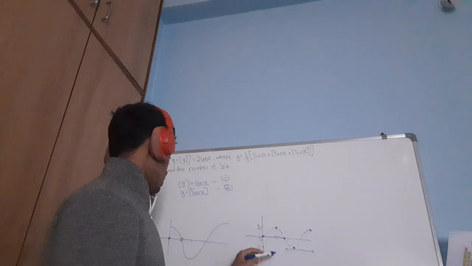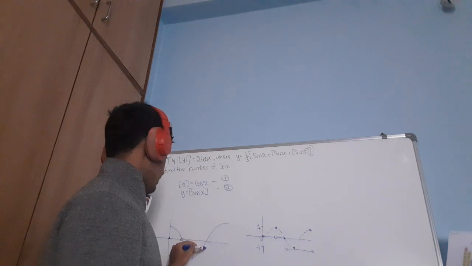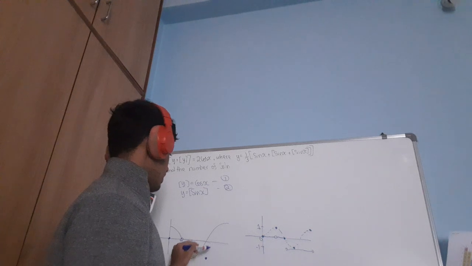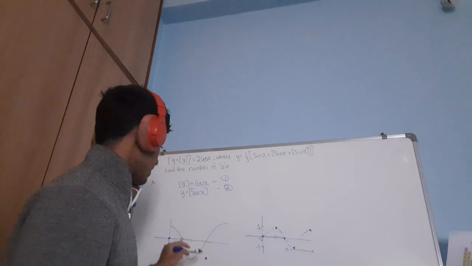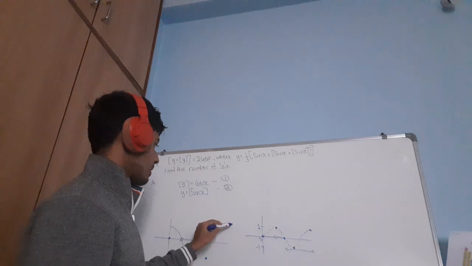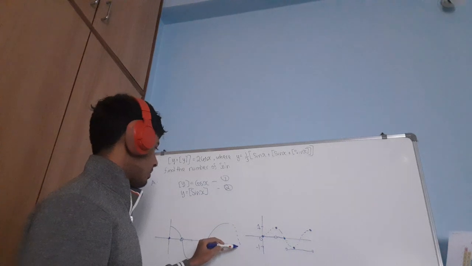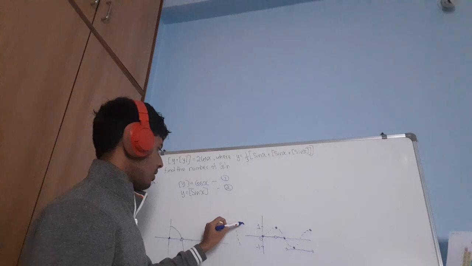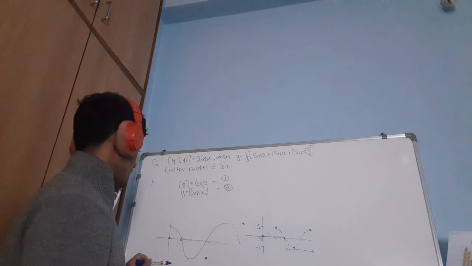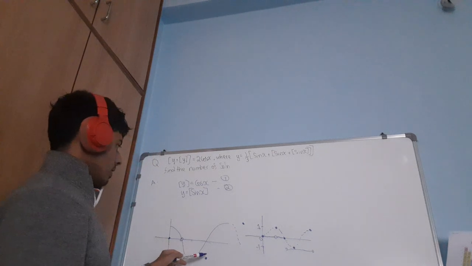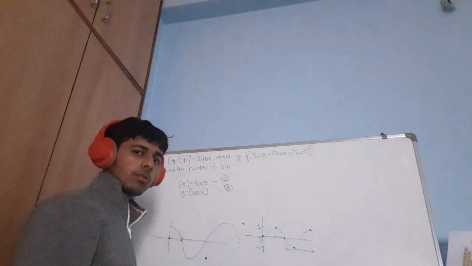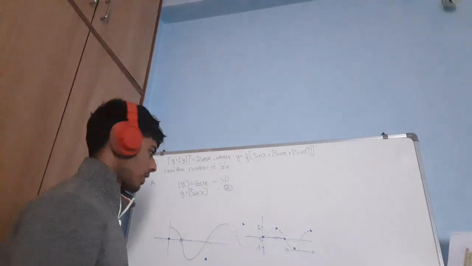And you have to come all the way till here. And somewhere over here, this becomes 1. And then, nope, you don't really have a solution. After that, you have 1 over here, but as long as you can see, there are no intersections, so there are no solutions. And that's the answer.